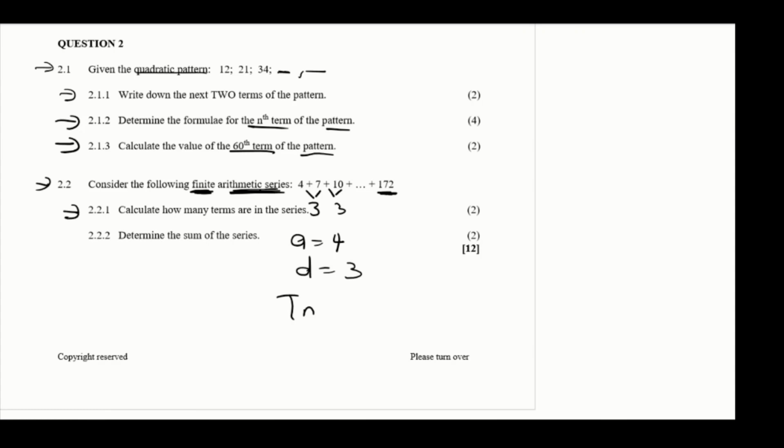We're going to use Tn = a + (n - 1)d. This is the formula we'll use to find the value of n.